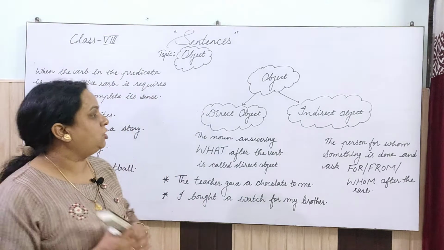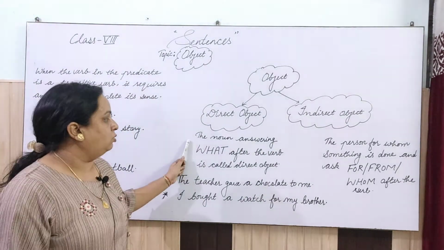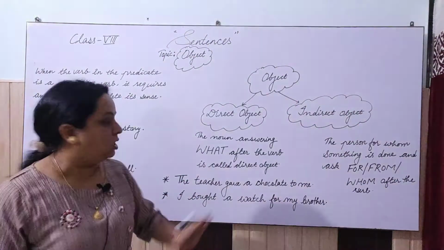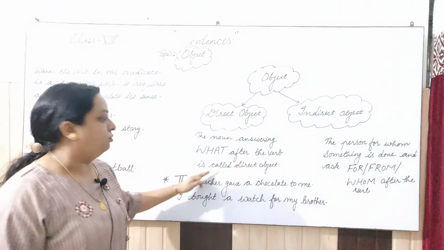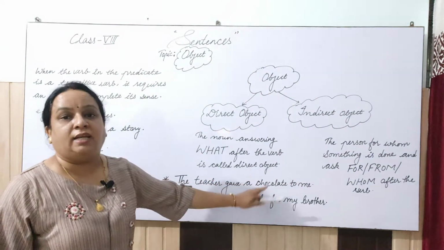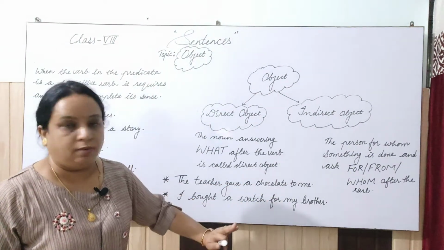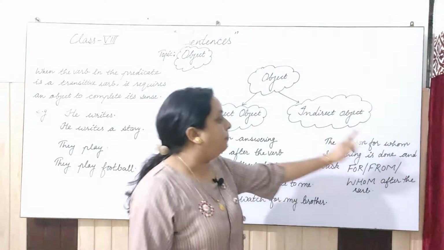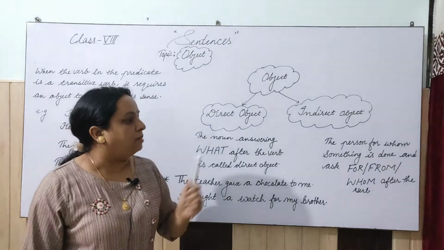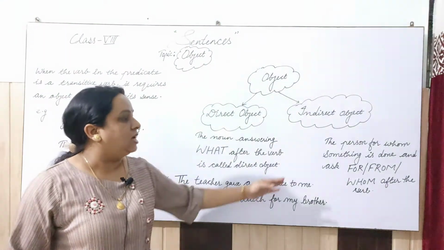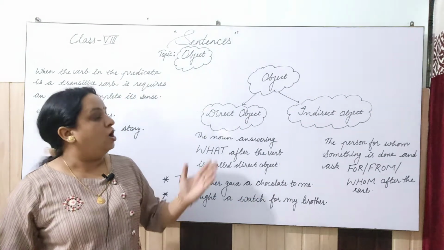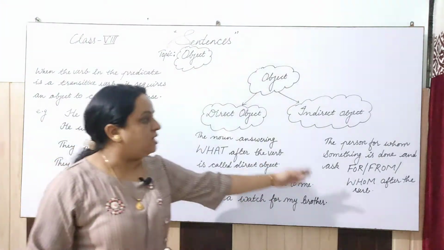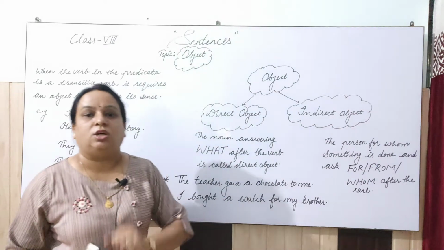So which one is the direct object? The noun answering what, W-H-A-T, what, after the verb is called the direct object. Clear? And the indirect object is the person for whom something is done, answering to whom or for whom, after the verb, and it is known as the indirect object.